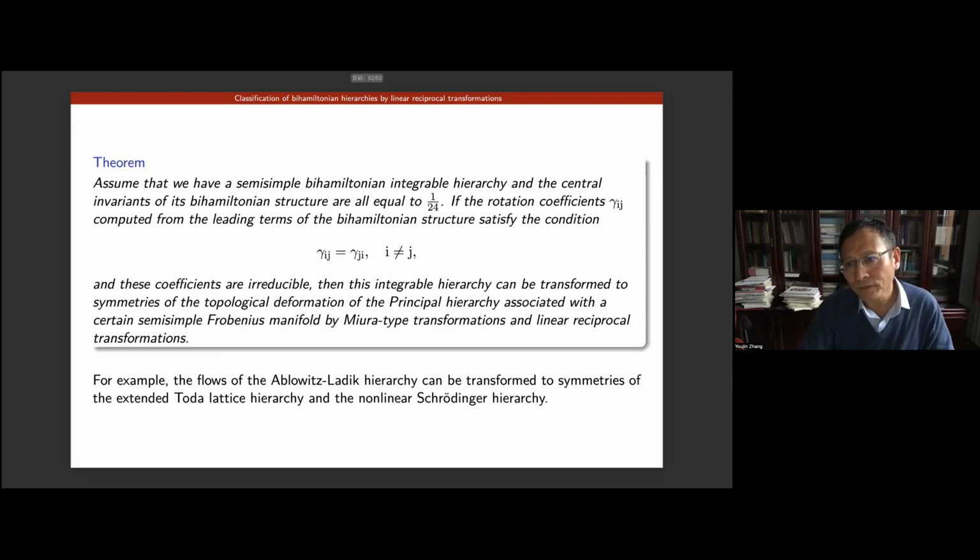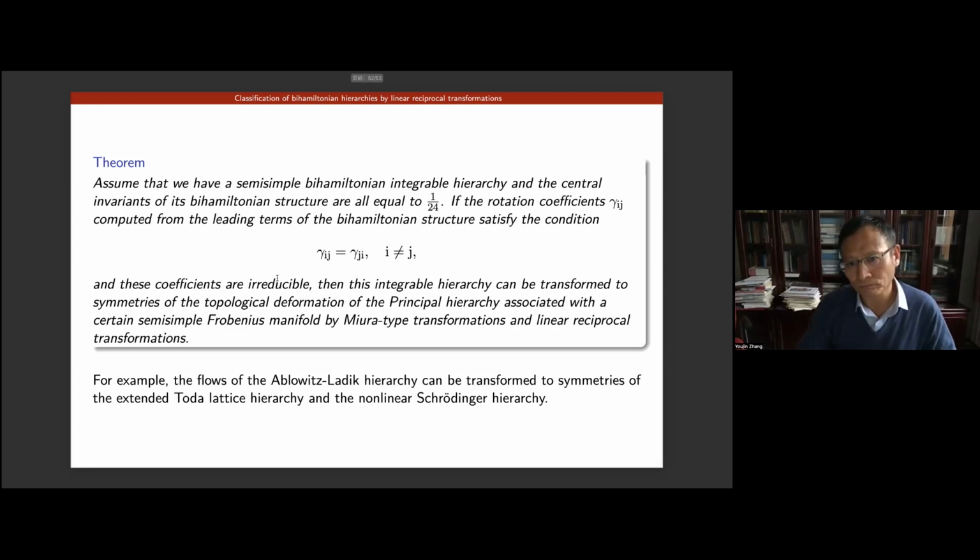Also, we have the rotation coefficients of the flat metric of the first Hamiltonian structure, and we require that these rotation coefficients be symmetric, I mean given by the Egorov metric. And these rotation coefficients satisfy the so-called irreducibility condition.